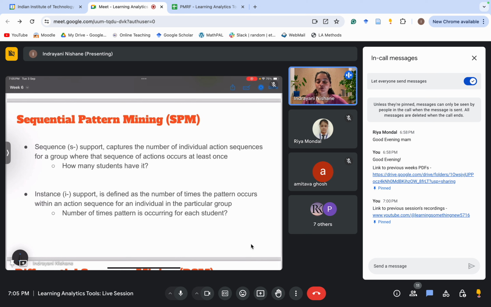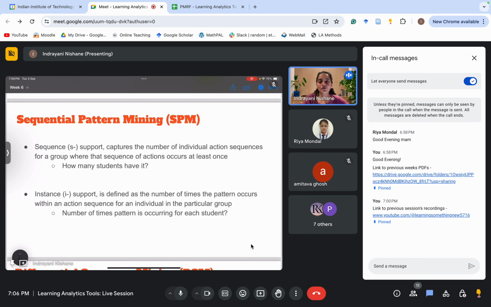So we try to capture which set of actions or sequence of actions is happening repeatedly among individuals. For example, a sequence of actions like reading, appearing for a quiz, and again watching a video. That sequence will become our pattern.